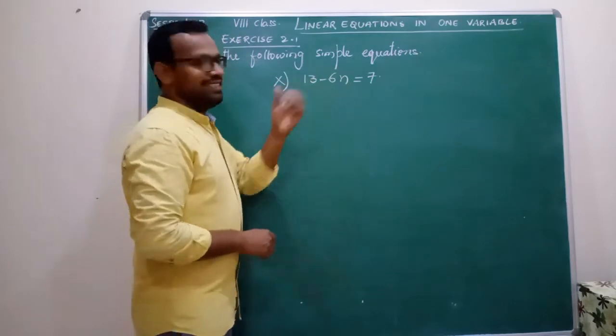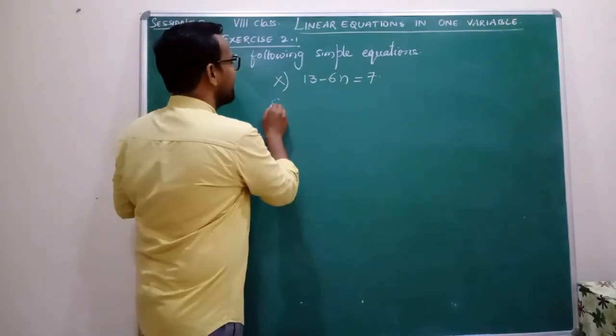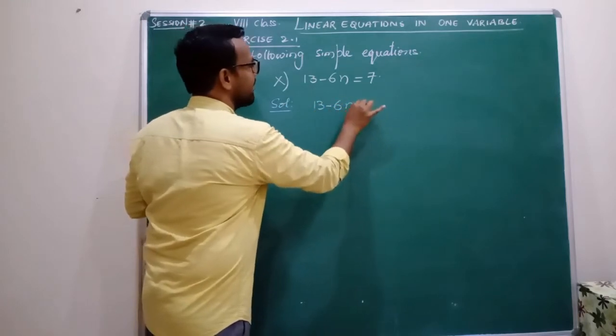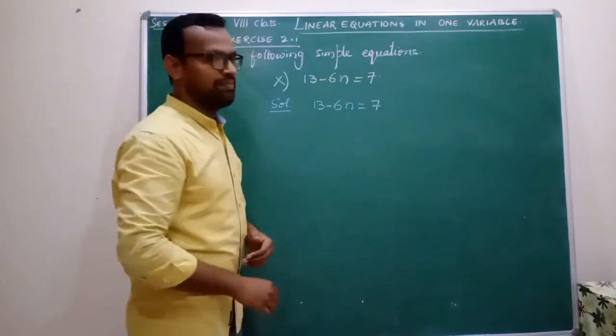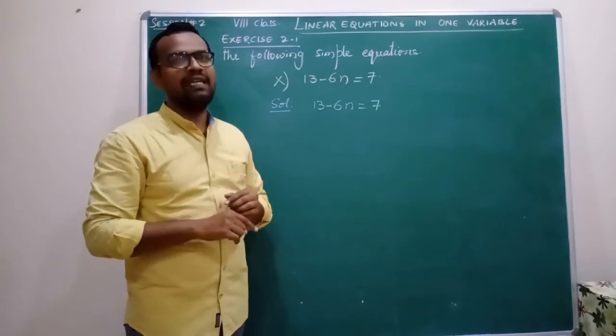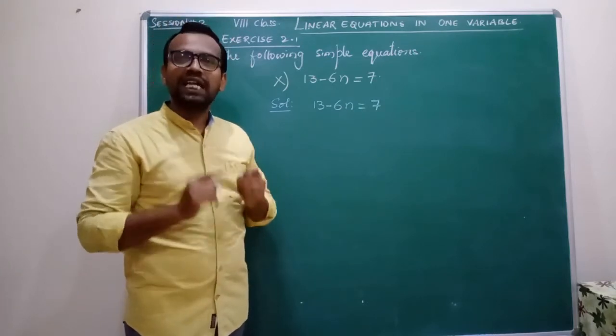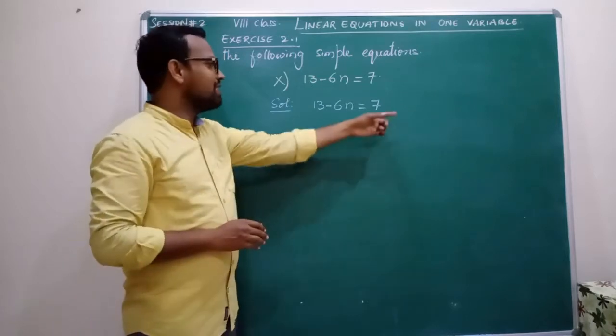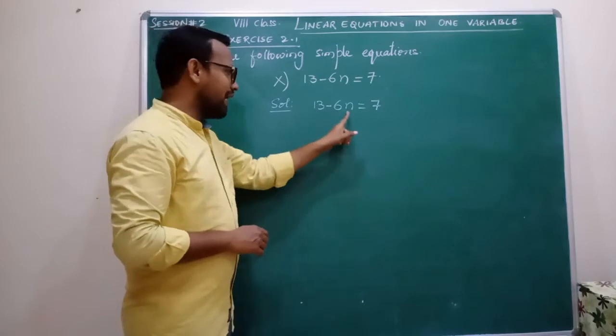So here, let me take the given equation. 13 minus 6n is equal to 7. Now, what are the things that we need to do? Yes, first we need to transpose the term which is not having the variable. Now, what is the variable in this equation? n.